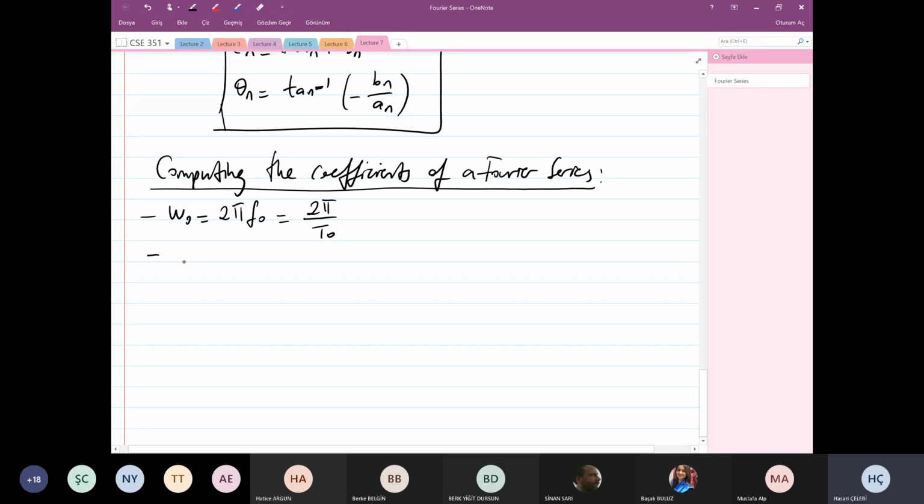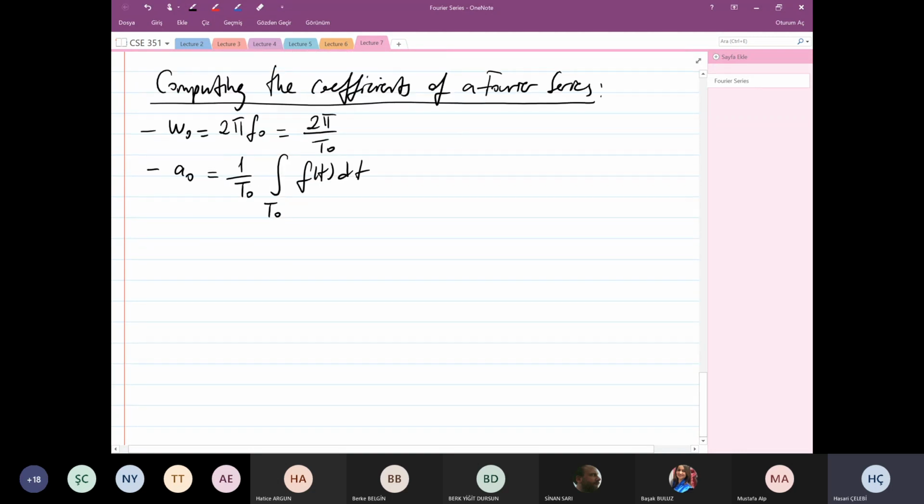Next is to find the a0 coefficient. We're going to decide on this a0 using the following integration: 1 over T0, integration over 1 period of f of t times dt. So we are going to use this equation to determine a0.